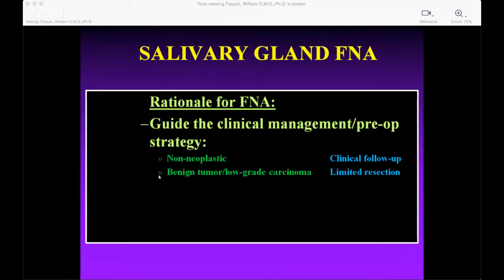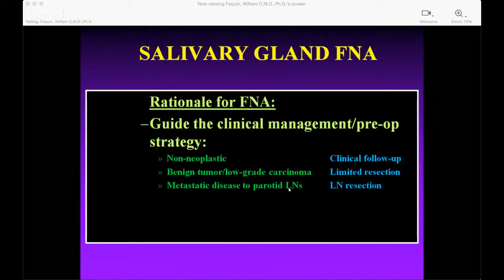If you're able to classify the tumor as a benign tumor, such as pleomorphic adenoma, or as a low-grade carcinoma, then in that case, even if you don't put a specific label on it, the patient's likely going to go for a limited surgical resection with negative margins.